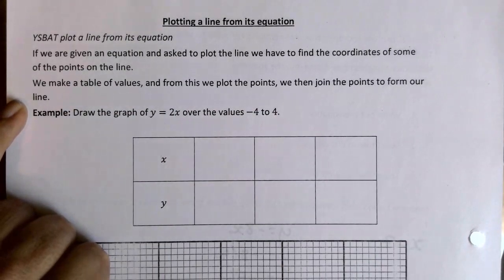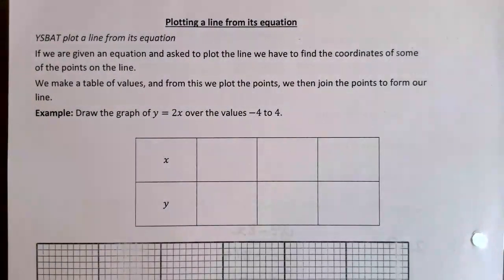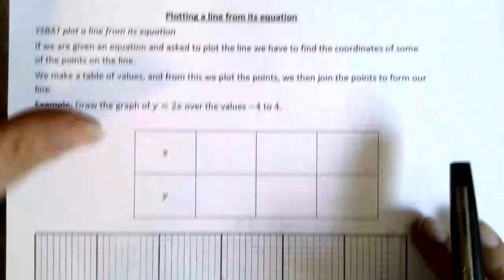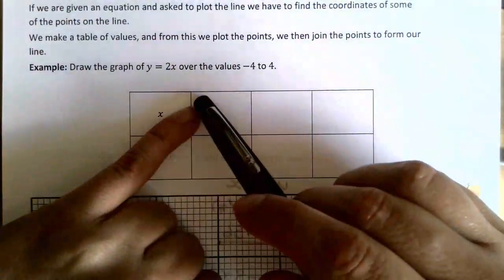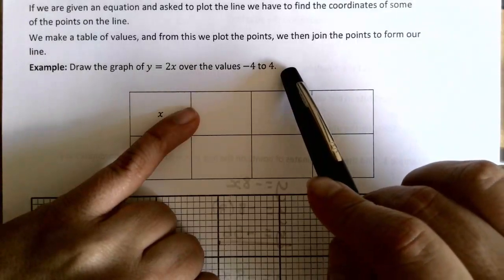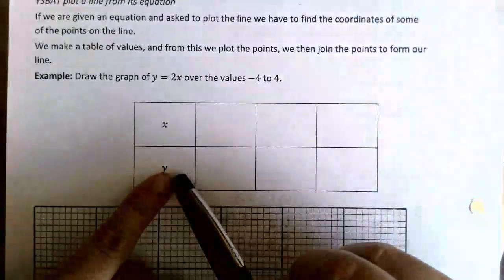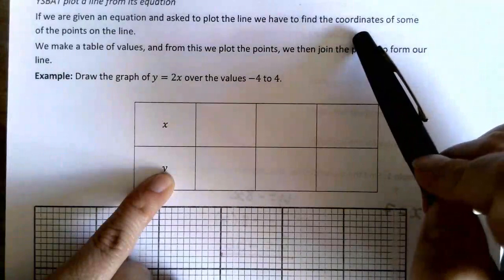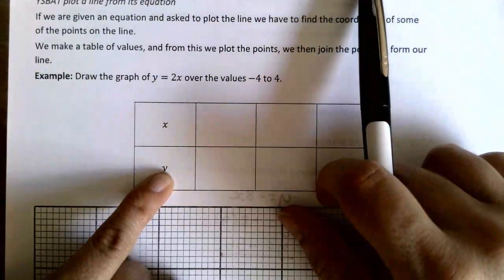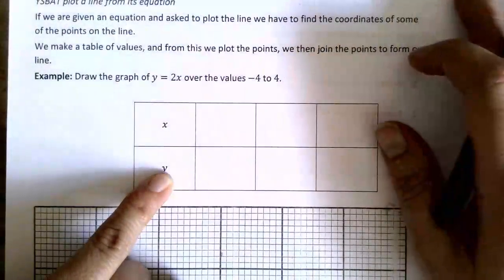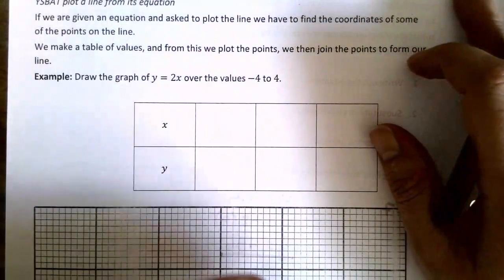Now we always choose 3 points, because if you just choose 2 points and plot them, you can always join those with a straight line even if one of them is wrong. Whereas if you plot 3 points and one of them is wrong, it's really obvious, and then you know to go back and check it. So you would never do this without doing at least 3 points.